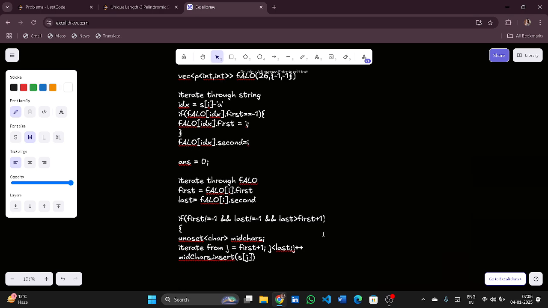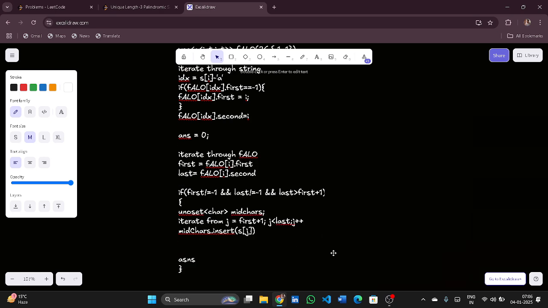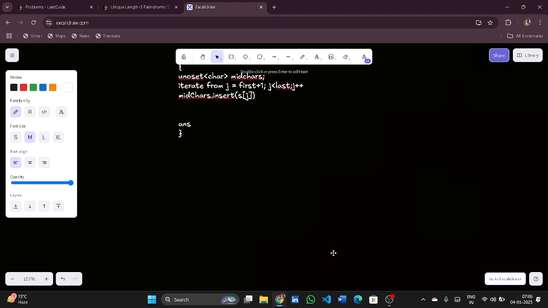Now, after iterating, increment the answer by mid characters dot size. After this iteration of FALO, that means first and last occurrences, return the answer.